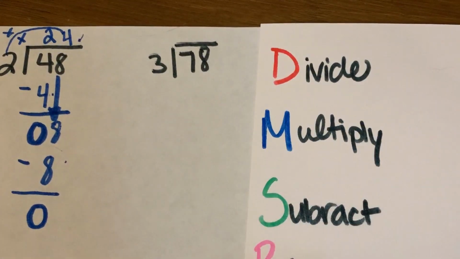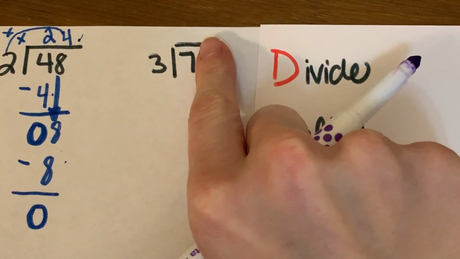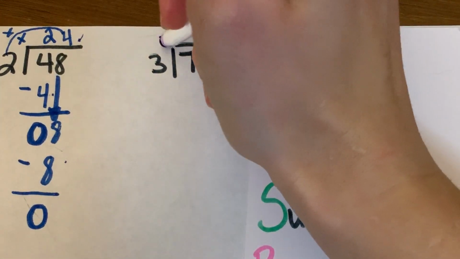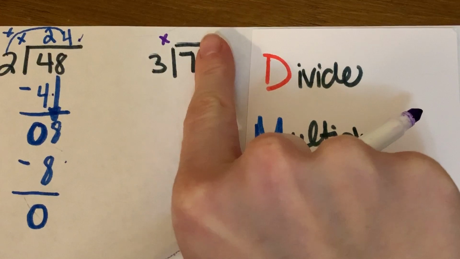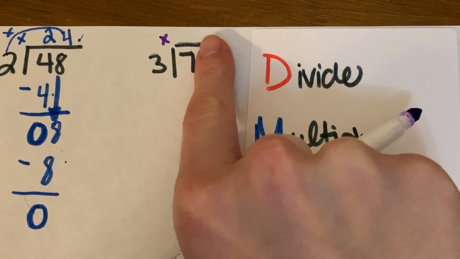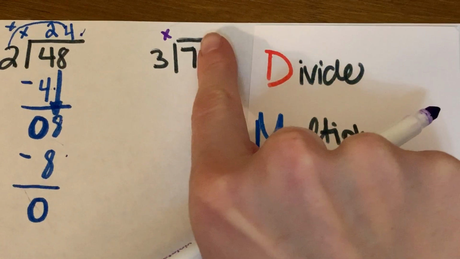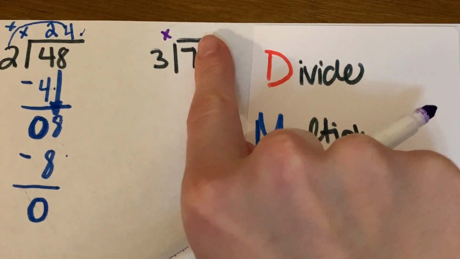First step. 3 times what gives me 7, or as close to 7 as possible? Go ahead and write it down. Okay, 3 times what gives me 7, or as close to 7 as possible?